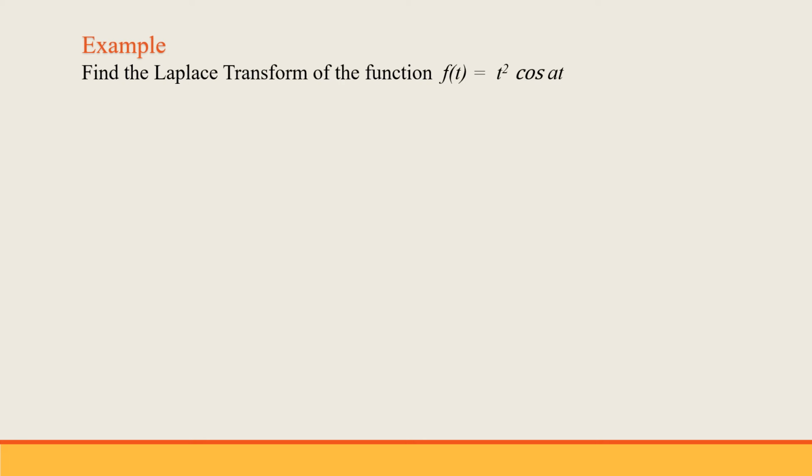Let's take another one. Find the Laplace transform of the function f(t) equal to t square cos at. In the same way as we have solved the previous one, we know that the Laplace transform of cos at is equal to s by s square plus a square.